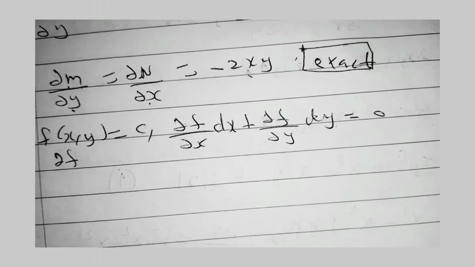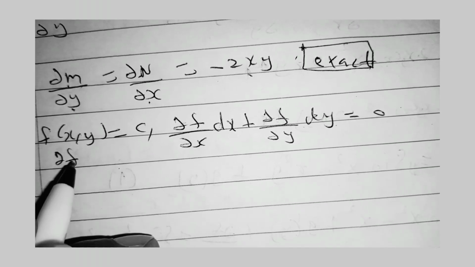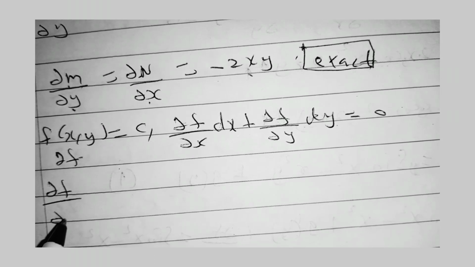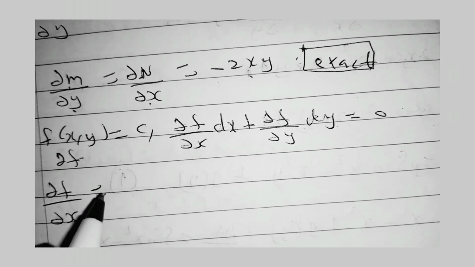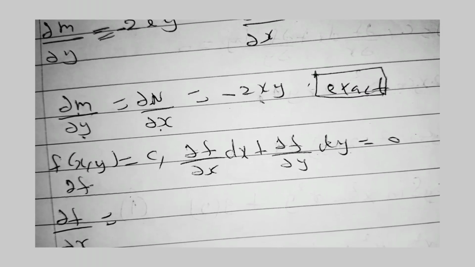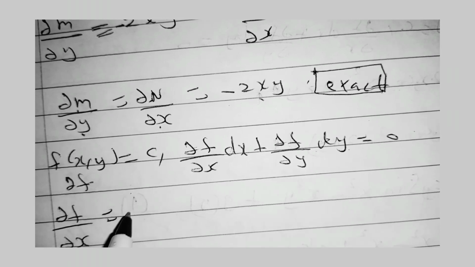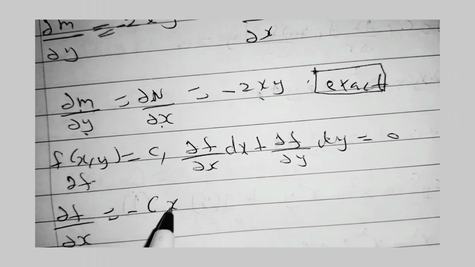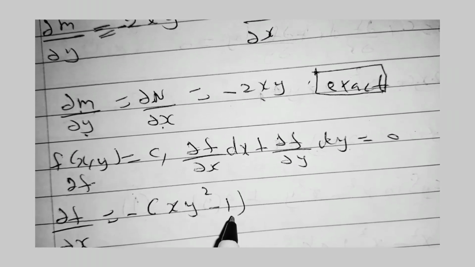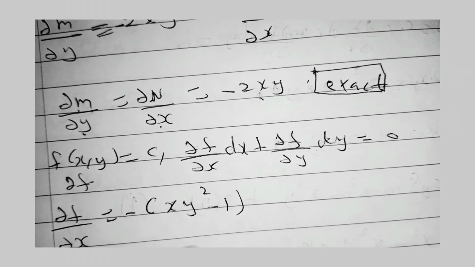Then we compare now our partial of f with respect to x, which is equal to what we are given there. In our equation, it is the part which has M. It is negative (x y squared minus 1).